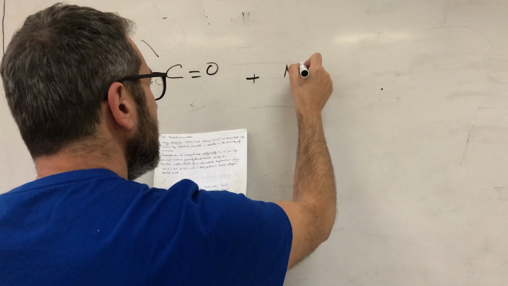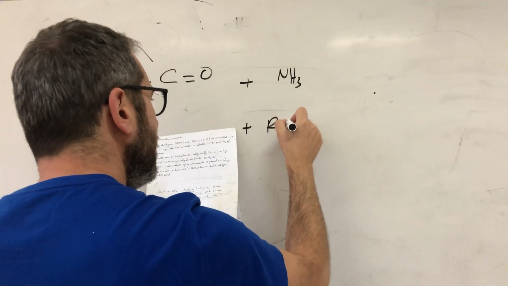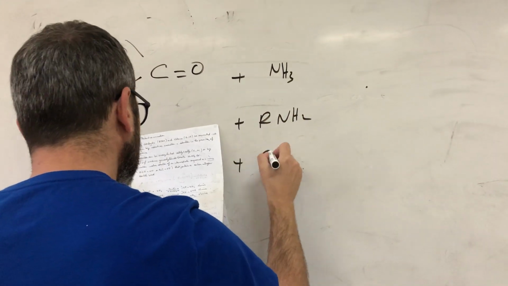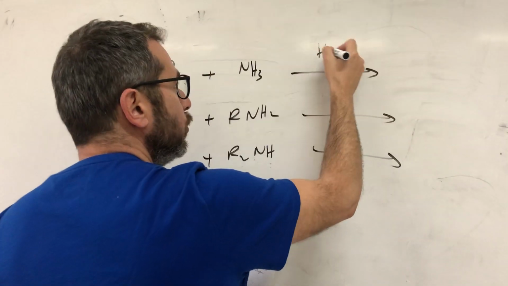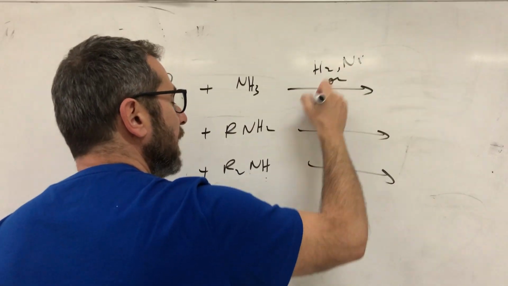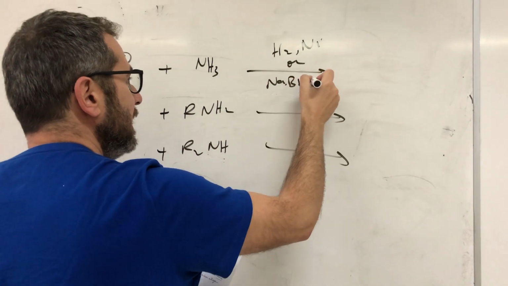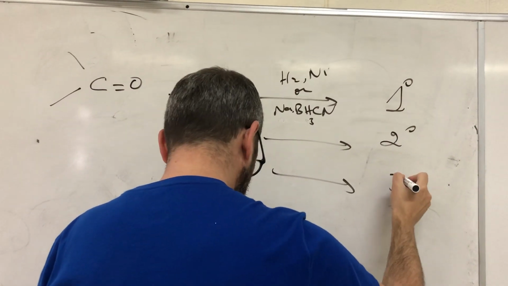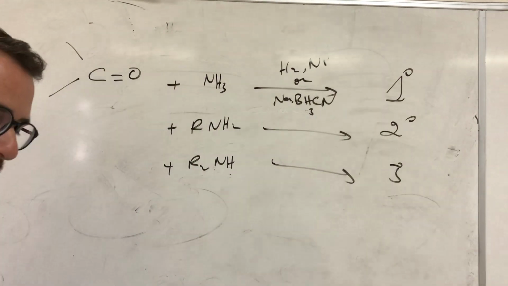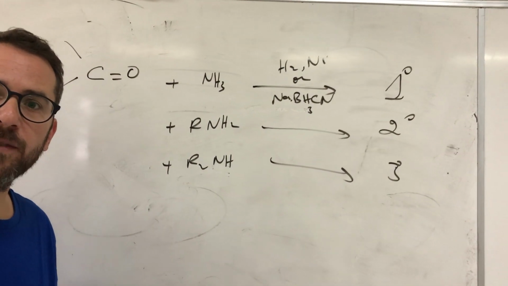If you add NH3, or RNH2, or R2NH, and in all cases I use H2 with catalyst or NaBH3CN, you will obtain the primary, secondary, or tertiary amine, and you have examples in your notes for the reductive amination. You can see.